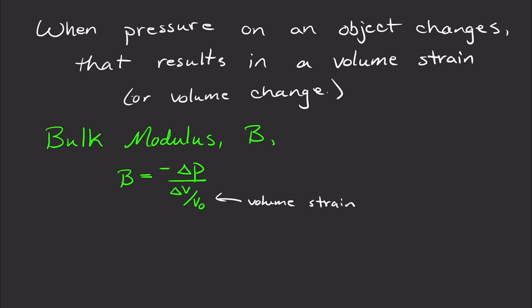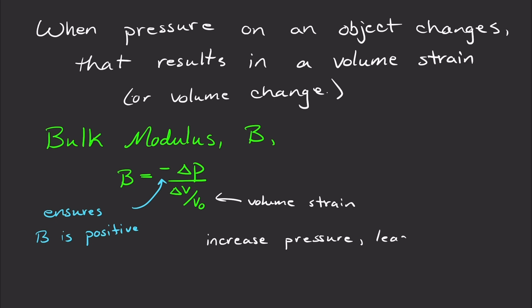Okay, and this minus sign ensures that B is positive, and the reason why we need it is because if we increase the pressure, so our delta P is positive, that's going to lead to a smaller volume.